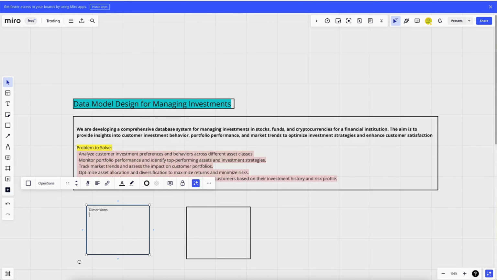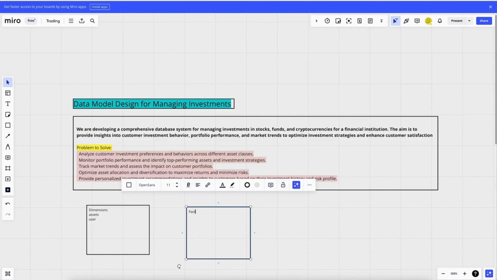Dimension tables. I'll call the first one asset. And the first statement is analyze customer investment, so there should be some user table here. The second one is monitor portfolio performance and identify top performing assets. So assets we have in dimension.